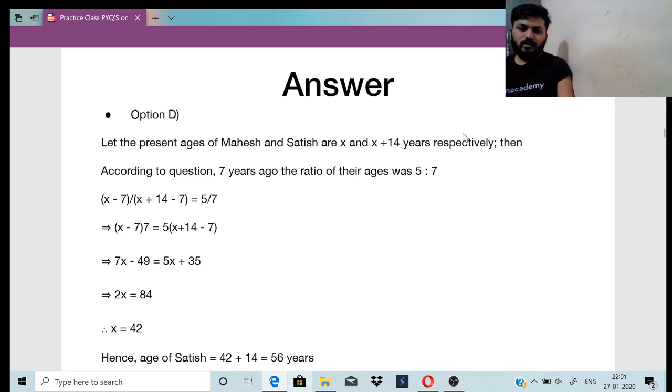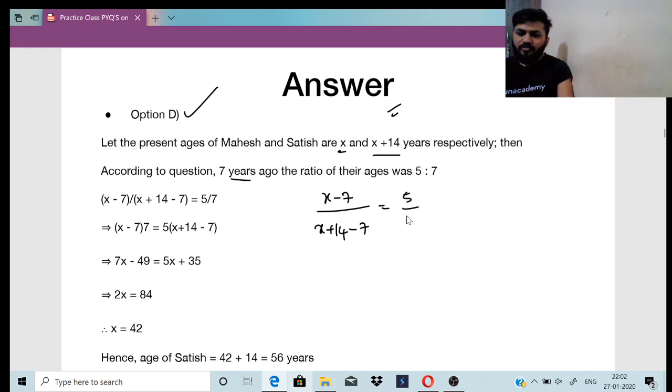Okay, chalo, we'll go with the answer now. It is option D. Let the present ages of Mahesh and Satish be x and x plus 14 years respectively. 7 years ago, x minus 7 divided by x plus 14 minus 7 is equal to 5/7.